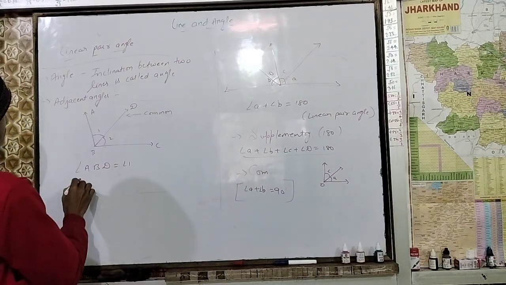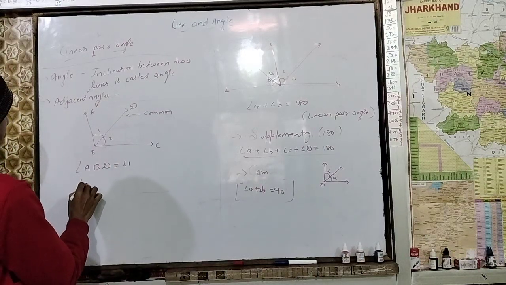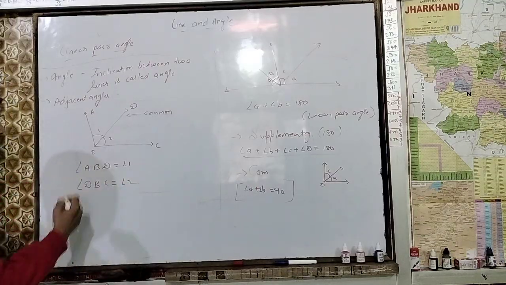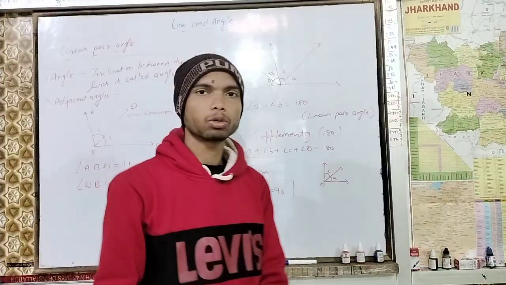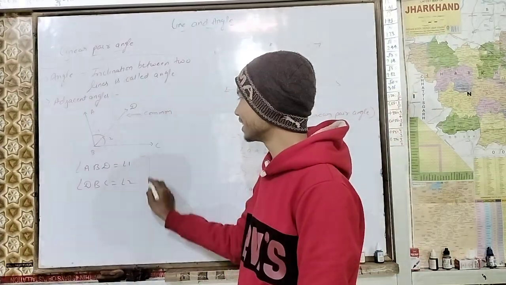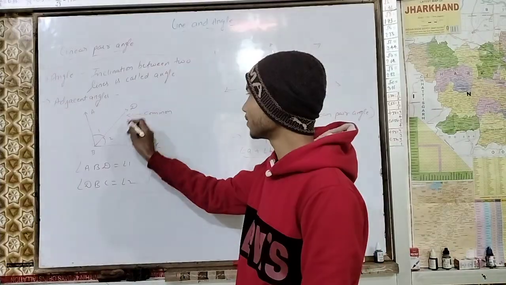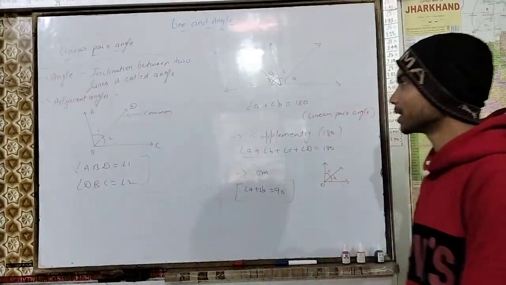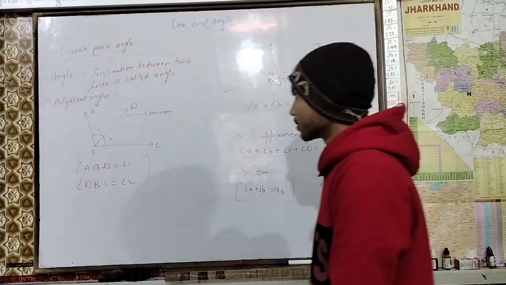Angle DBC is 2. Here B is coming as common. That's why in this equation B is common. That's why we call this B a common.